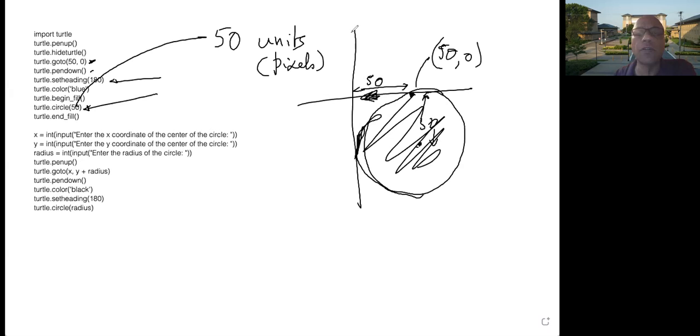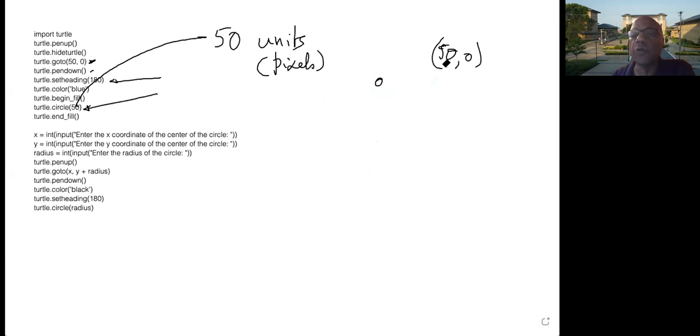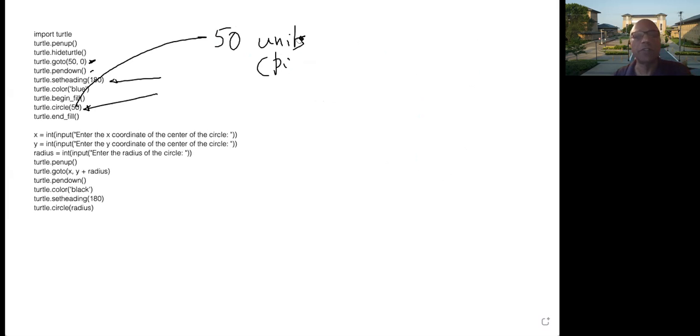So let me erase all this. And I was more insistent on you getting it right. So many of you lost points. Oops. Let me see if I can recover what I have here. Yeah, all right. Okay.